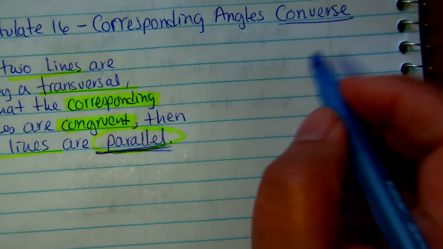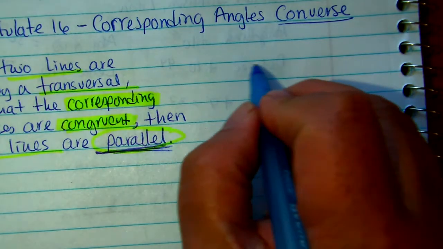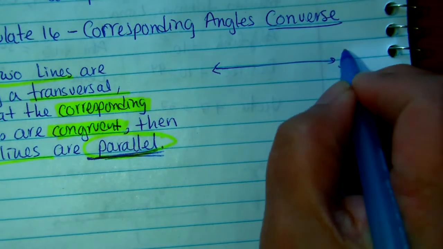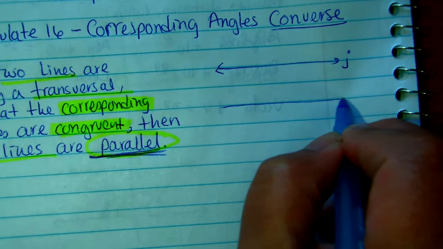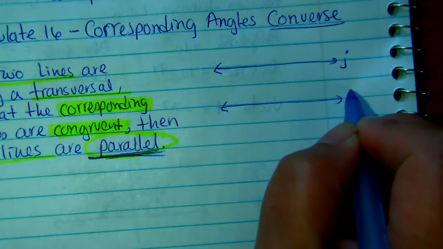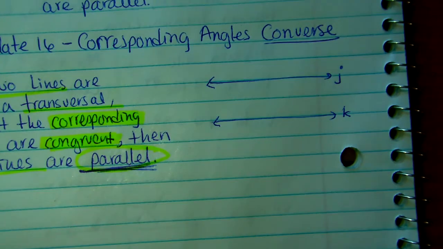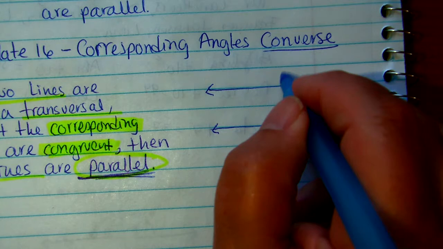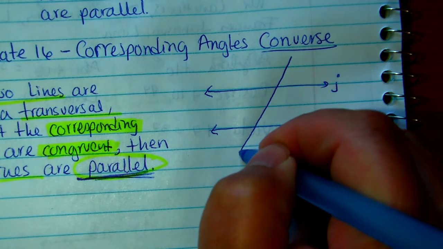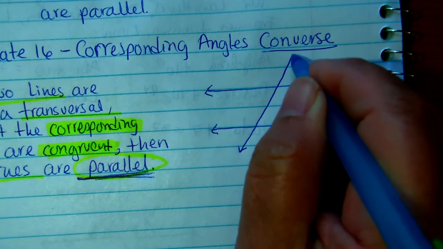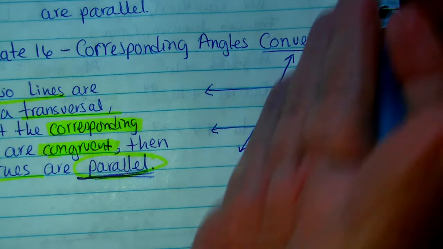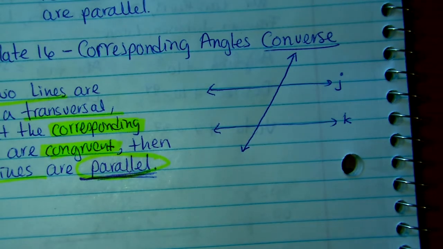All right, so let me show you how it goes. So this time we have two lines. We're just going to call them lines J and K. So far, we don't know if they're parallel. But then a transversal cuts those two lines, it goes and intersects them.